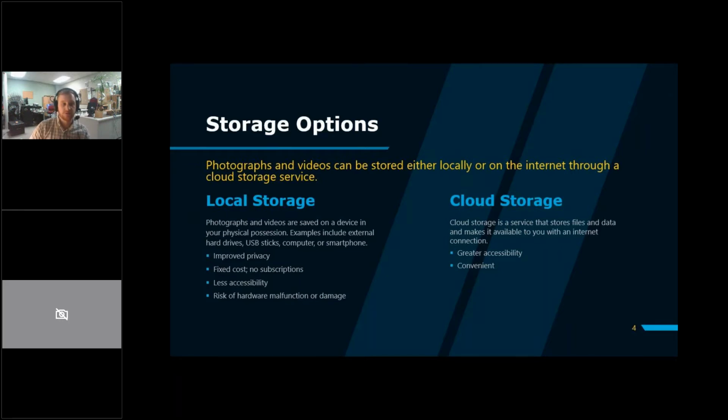You don't have to, like with local storage, either save everything to the computer, then drag the file over to the external hard drive or wherever you want to save it. With cloud storage, a lot of them do it automatically. So I take a picture on an iPhone, and provided it's set up, that picture immediately can get uploaded to the cloud.